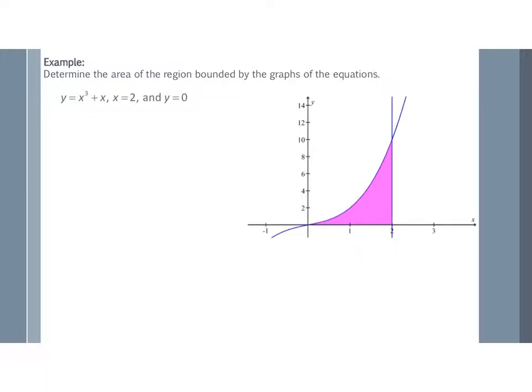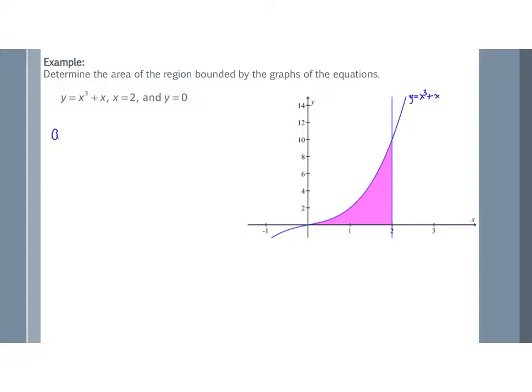So here we have the graph of the function. The graph of the function, y equals x cubed plus x, is this curve. Now because this curve lies above the x-axis on the interval from 0 to 2, the definite integral does equal the area of this region.